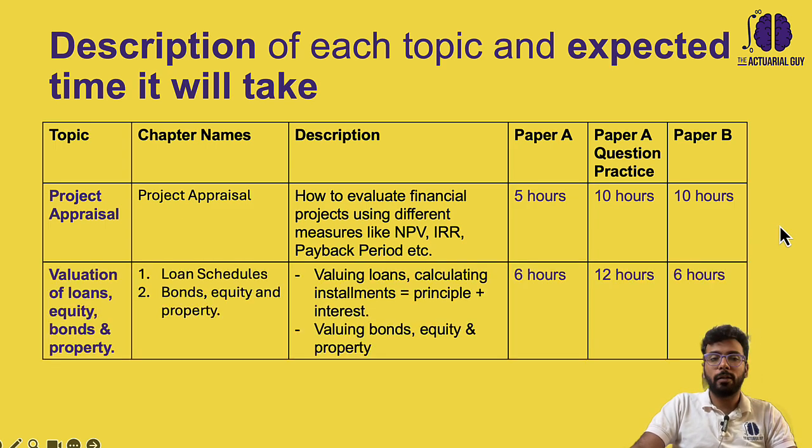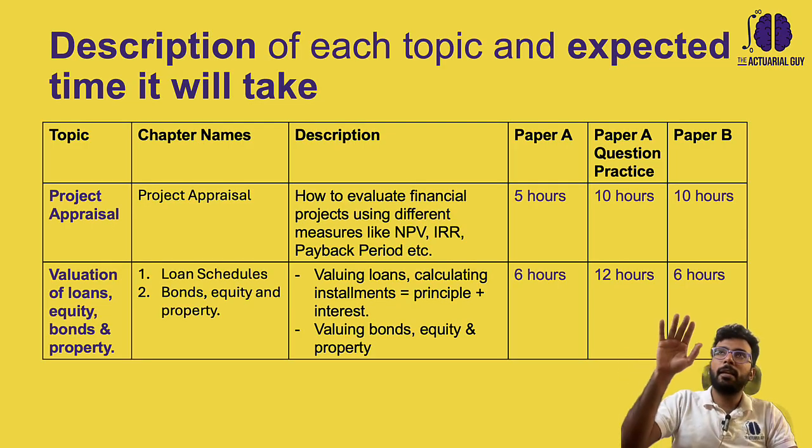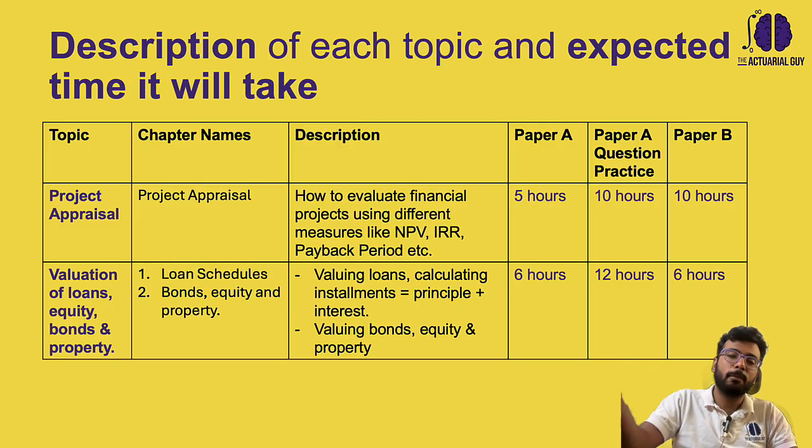So super important. Next one is valuation of loans, equity, bonds, and property. So these different kinds of assets, bonds, property, equity, and loans is what we try to value. We see loans in terms of what should be the installment amount that should be paid for a given level of principal or interest, and vice versa, right?